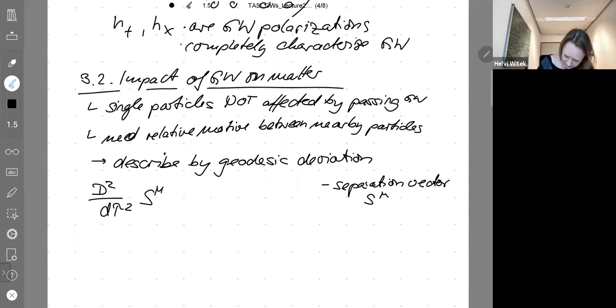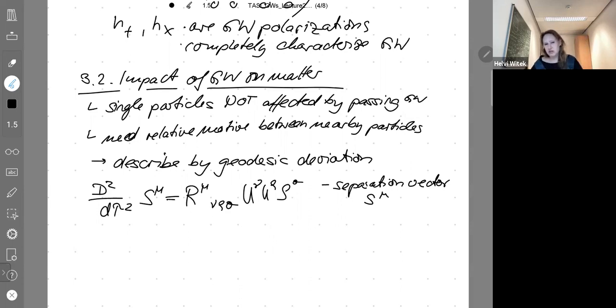You can show that this can be related to the Riemann tensor R^μ_νρσ, contracted with the 4-velocity of our particles, u^ν u^ρ, and then the separation vector ξ^σ.